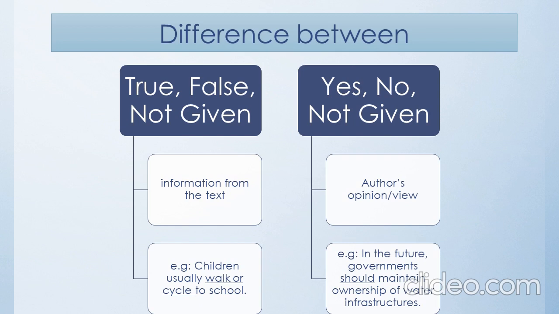Like the author says the government should have to own all the water infrastructures, right? So as you see, the big difference here is in approaching the technique. In order to find information, you need to use the scanning skill. In order to find general opinion or view, you need to use the skimming technique.